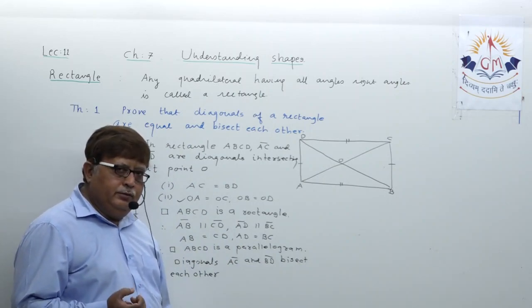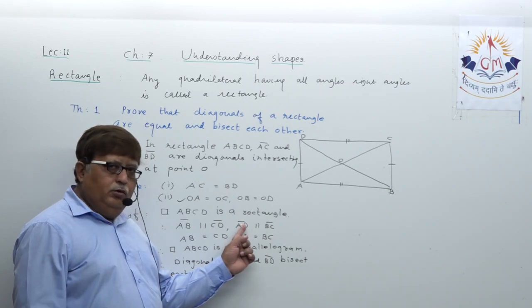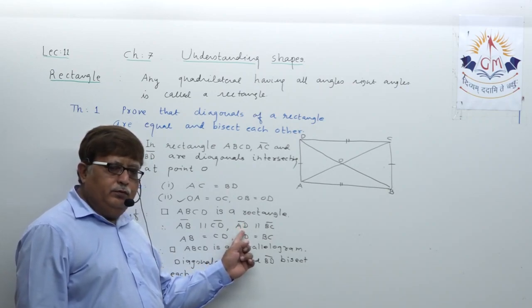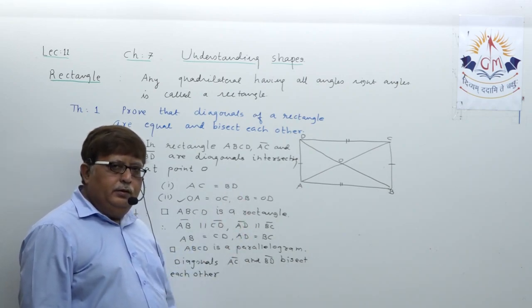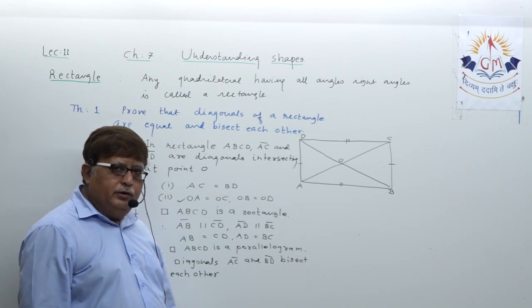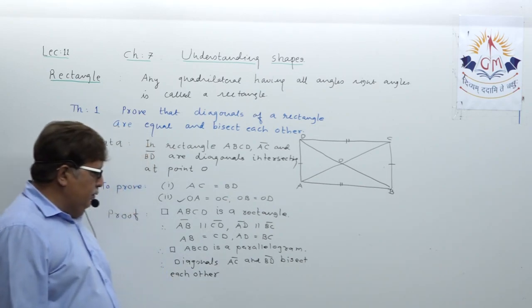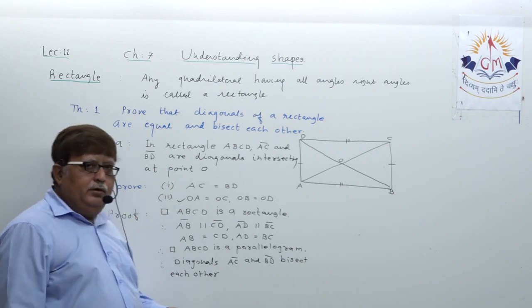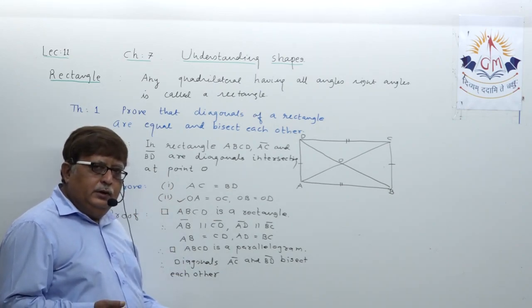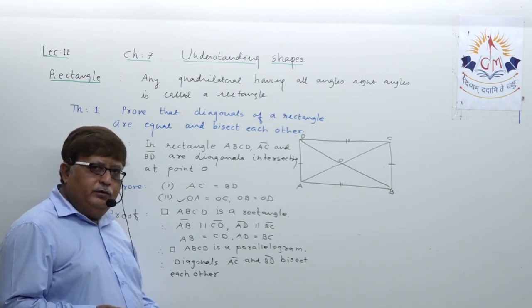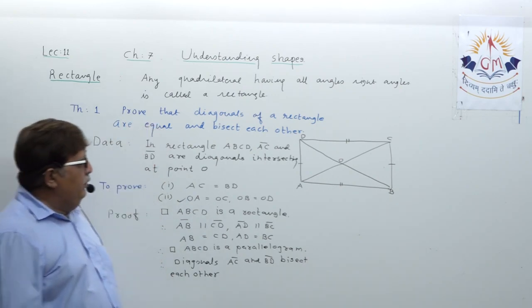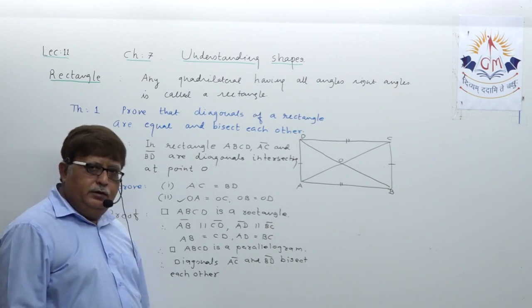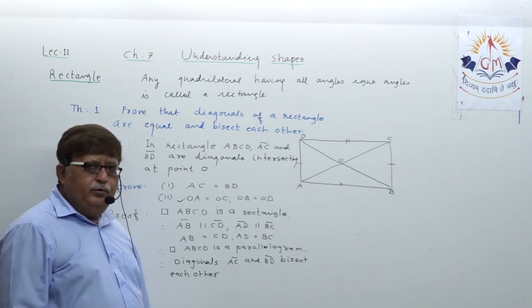Now, when both pairs of opposite sides are parallel and congruent, it becomes a parallelogram. And when it is a parallelogram, obviously diagonals of a parallelogram bisect each other. Understood? So one fact, that diagonals bisect each other, is already proved.